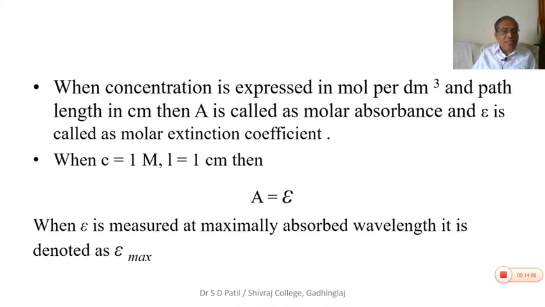The concentration is expressed in moles per decimeter cube and path length in centimeter. Then A is called molar absorbance and epsilon is called the molar extinction coefficient, where if concentration is 1 molar, then A = ε. The epsilon is measured at the maximally absorbed wavelength. It is denoted by ε max.